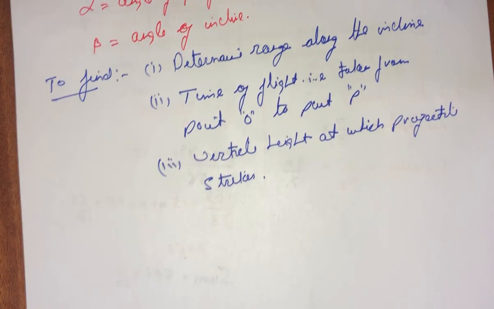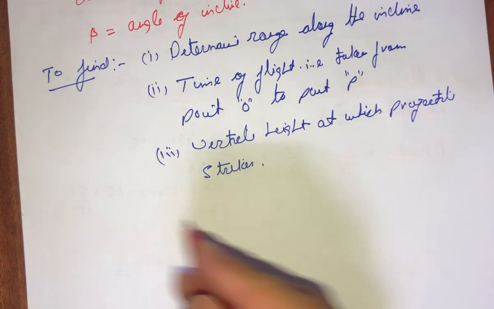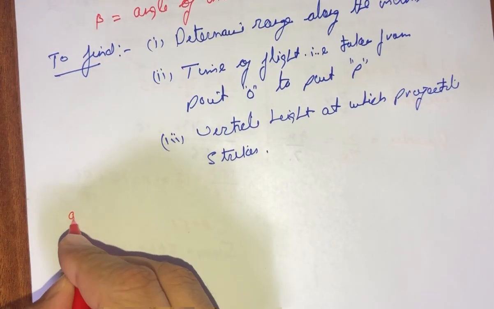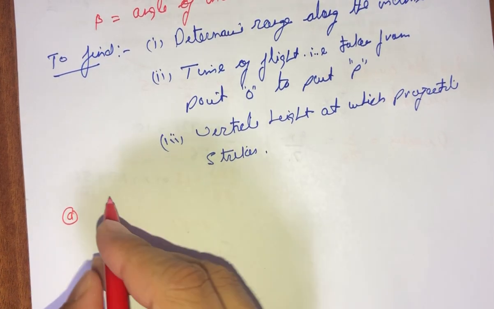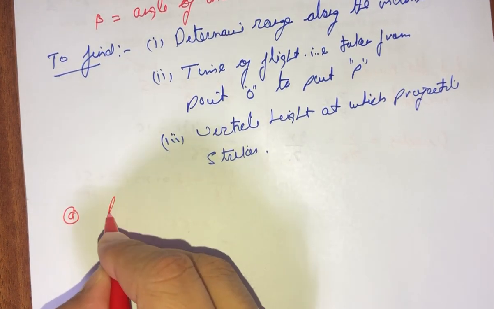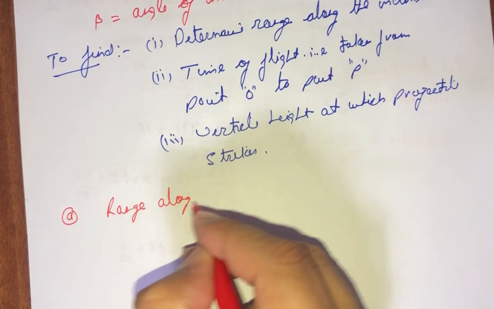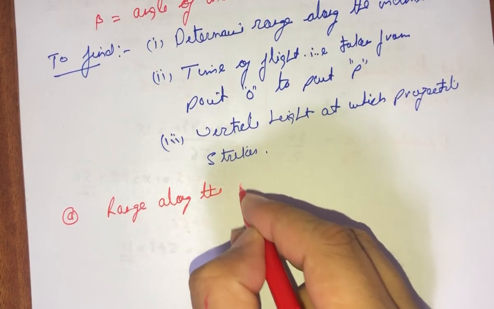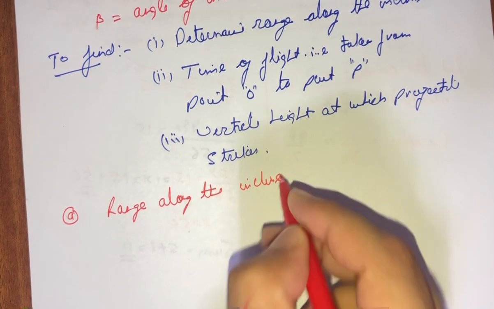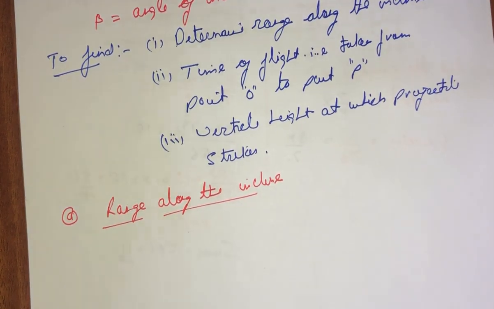So first we are going to find out the range. Let's call this A part: the range along the incline. So there are various methods to find the range along the incline.